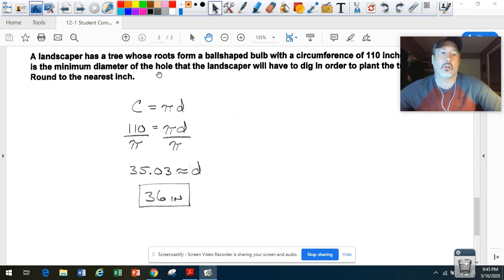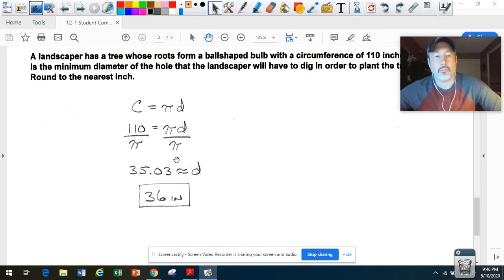So if we take a look here, C equals pi times diameter. So circumference is 110. Pi we know is 3.14, and we're trying to figure out what the diameter is. So I'm going to divide both sides by 3.14. So 110 divided by 3.14 is approximately 35.03.